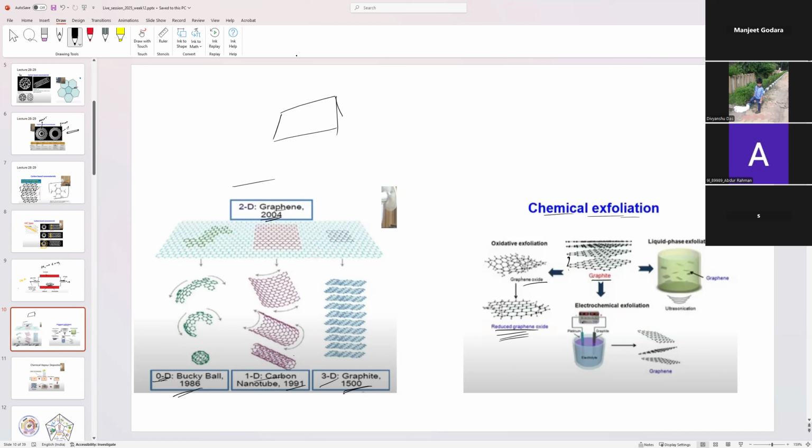You can use liquid phase exfoliation, where you have ultrasonic waves which break down the bonds between the layers. You can have electrochemical exfoliation, where you use charge to separate out the layers.